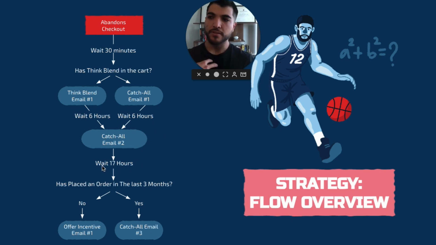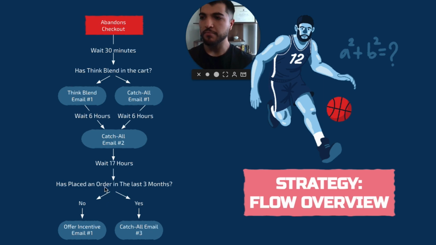Then I am waiting 17 hours. So this is basically going to send an email right at the time that they abandoned checkout the day before. That's because we can assume that around that time they are either in shopping mode or they have some leisure time and so on. So we want to send that email around that same time.